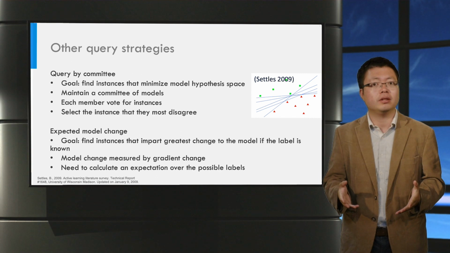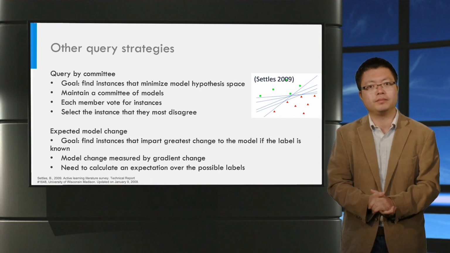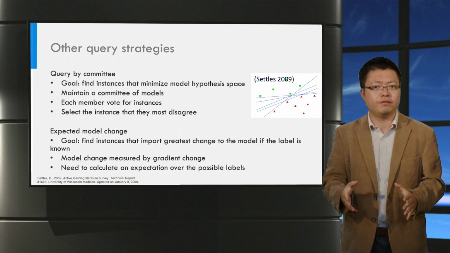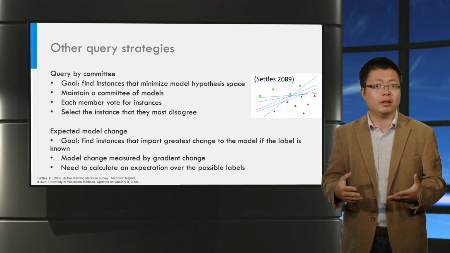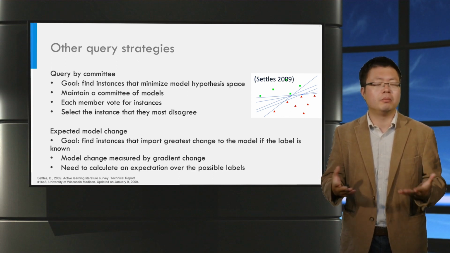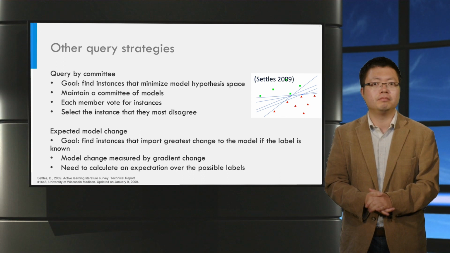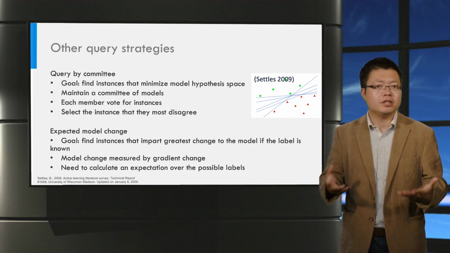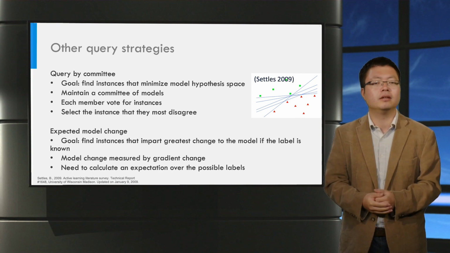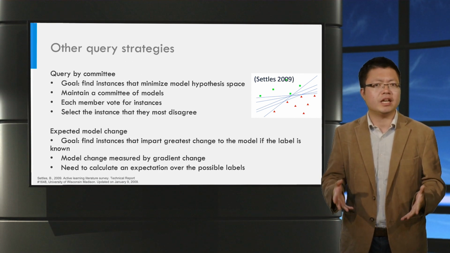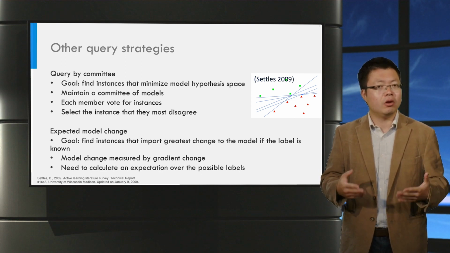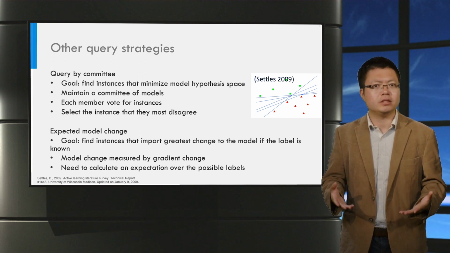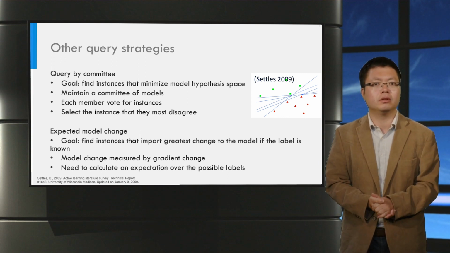Another method is called expected model change. The goal is to find instances that impart greatest change to the model if the label is known. Model change can be measured by the length of the training gradients. The strategy can therefore be applied to any learning problem where gradient-based training is used.